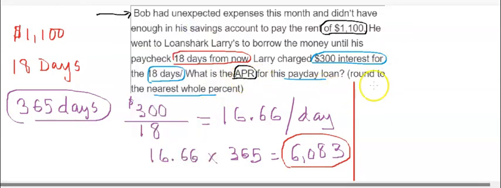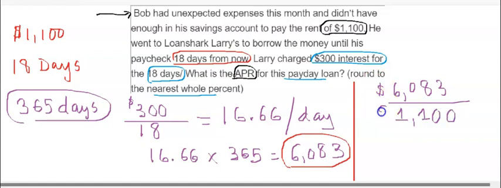So the formula to find the annual percent rate means you take the total that you borrow, which is $6,083, and divide it by the principal, which is how much money you took out at the beginning, $1,100.